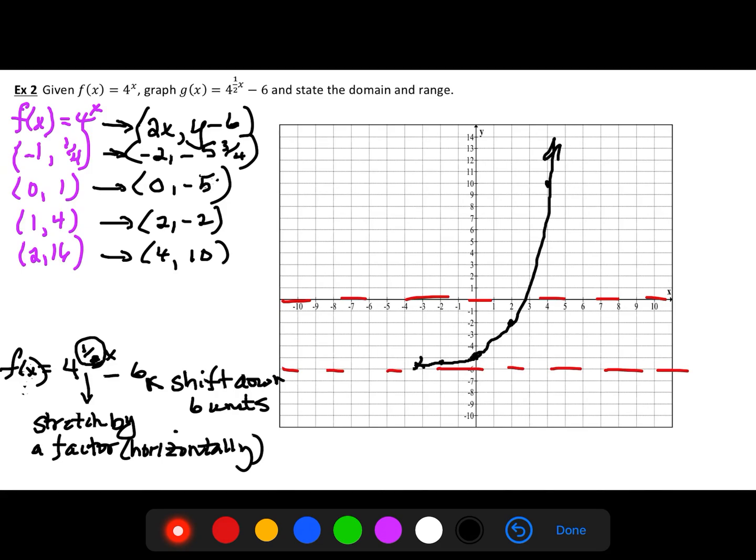So we have our graph of our transformation. And that's y equals g at x equals 4 to the power of 1/2 x minus 6.